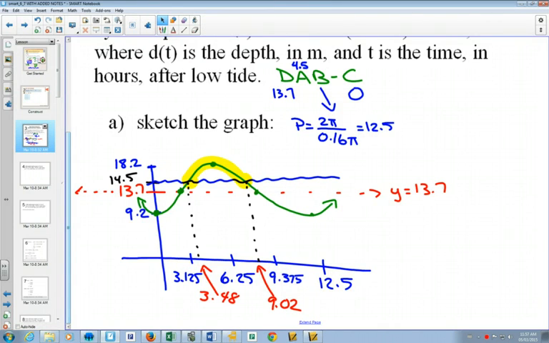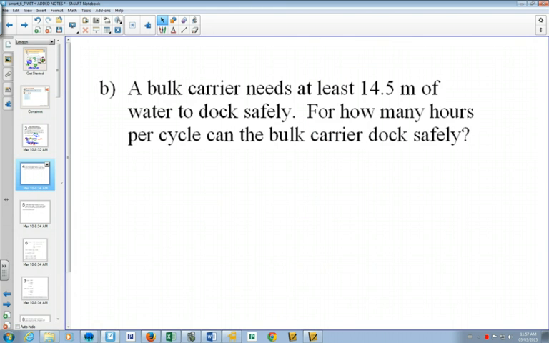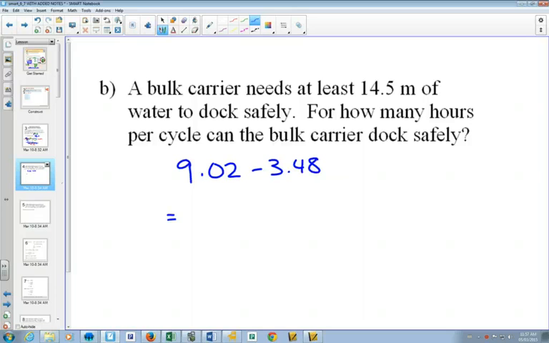So now we've found them both. The question asks for how many hours per cycle it can safely dock. If we take the 9.02 minus the 3.48, we will get 6 point, no, 5 point, I'll figure it out on my calculator.